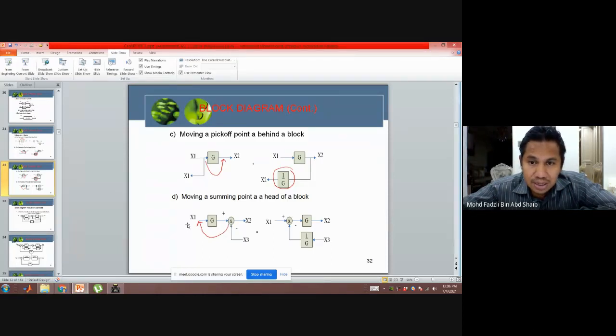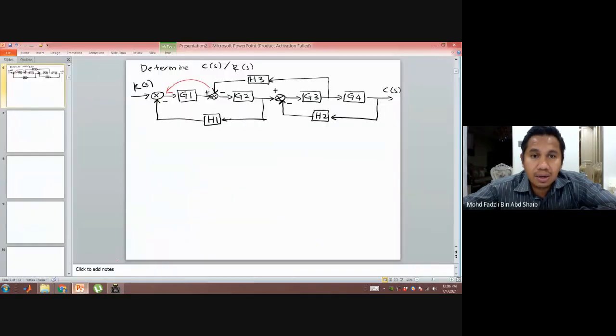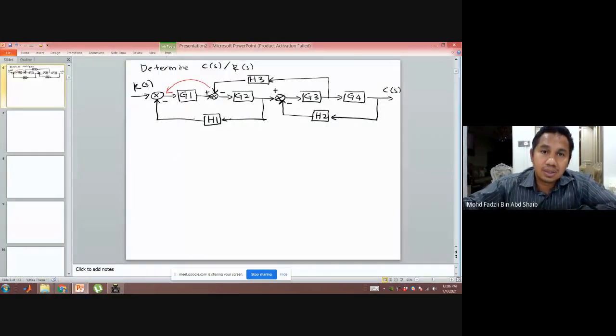This to this, right? So it becomes 1 over G in this case, because it's G, so 1 over G, right? How about this? Here to here, we need to times 1 over G1, yeah?